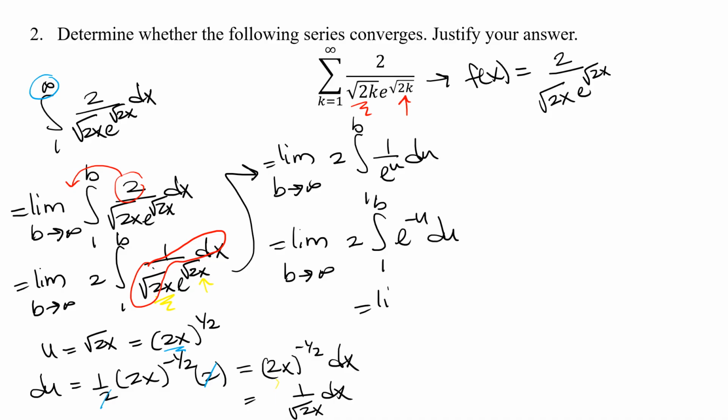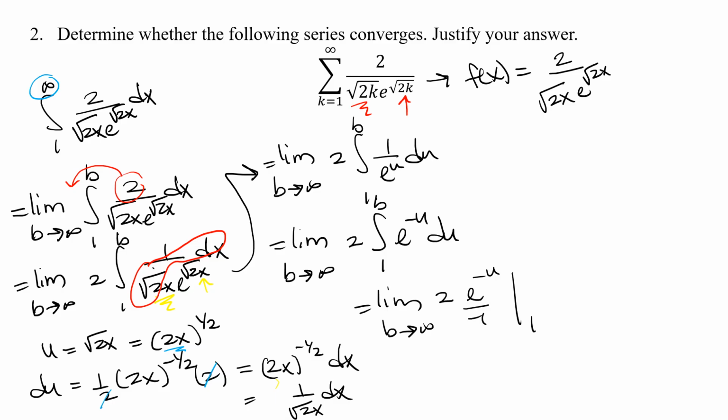So what do we get? Limit as b goes to infinity, we have 2 times the integral of e to the negative u, and what is that going to be? e to the negative u, but then you have to remember to divide by that negative 1.